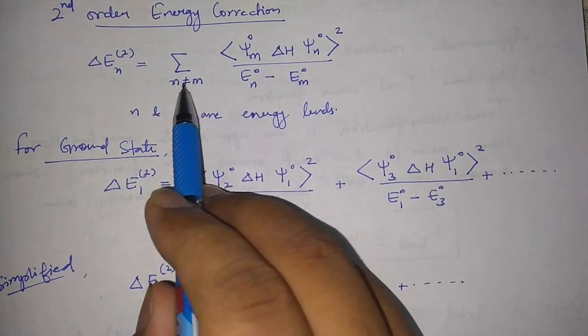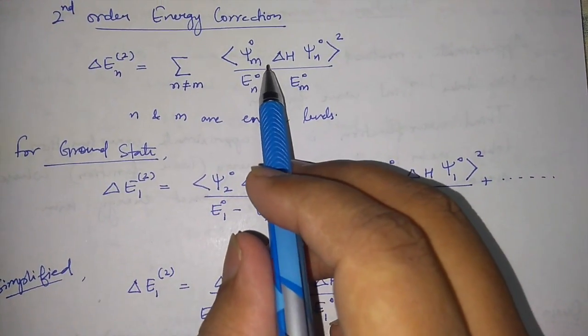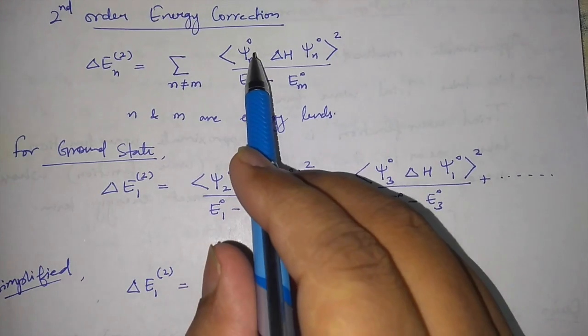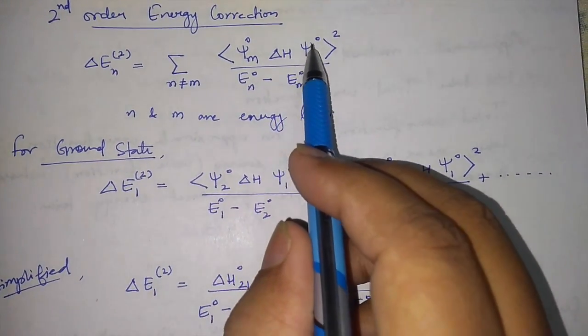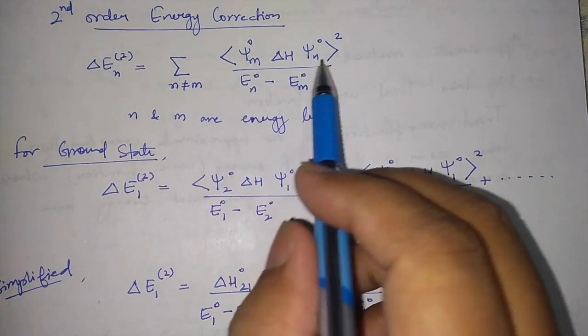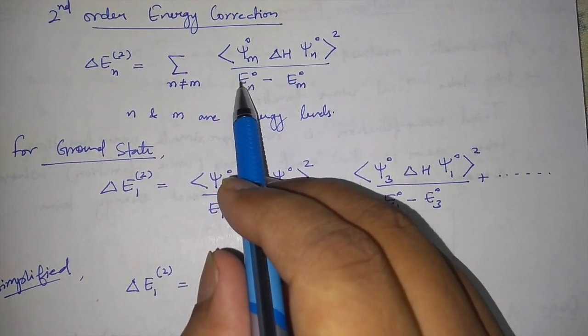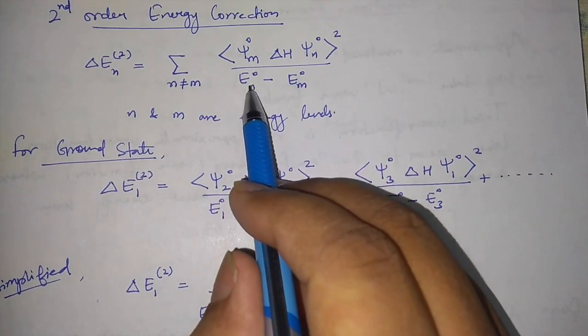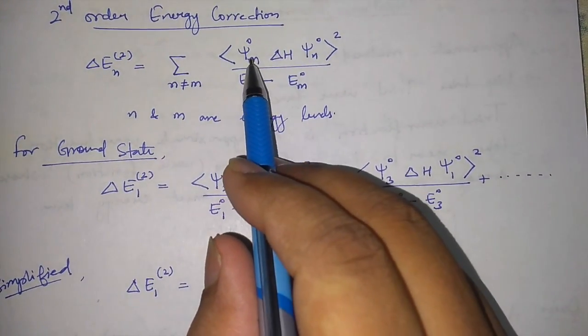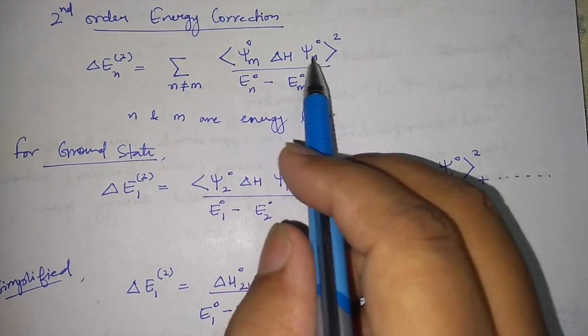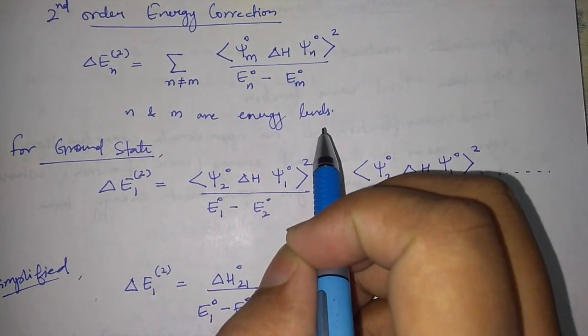What are n and m? I will tell you both of them. First of all, pay attention over here. It's psi m delta h psi n whole square, and in the denominator you have En minus Em, okay. Here m and n are two different energy levels.